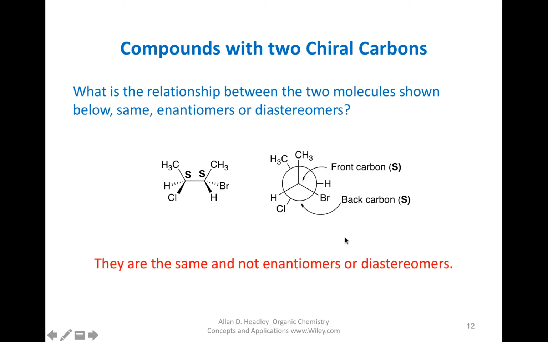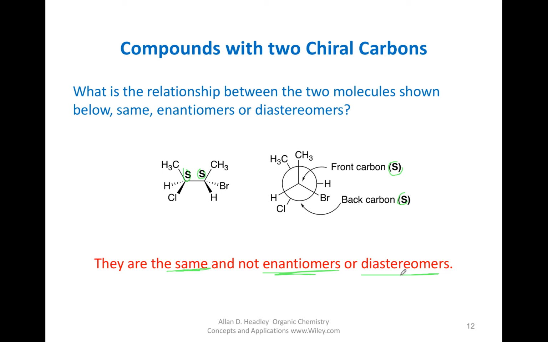So what happens here is you should determine that was an R, that's an S, and that's an S. You can determine that this front carbon is an S, and the back carbon is an S. So because they are S and S, S and S, they are the same molecule, and they're not enantiomers, and they're not diastereomers. So you know what's coming on the quiz and on the exam.